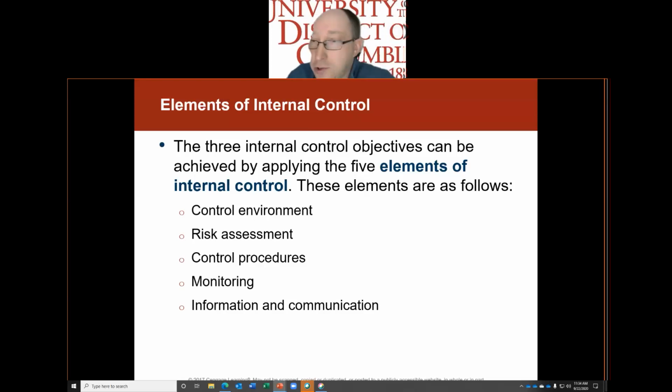Control procedures. What this means is that I will not have the same person counting cash that makes the bank deposit, right? So think of a retailer. In the retail setting, we have these cash registers where you go to check out. And so at the beginning and end of every shift, the cashier will count their bank. They'll count the register to ensure that what they're opening with is what they're closing with, and that the difference gets deposited, right?